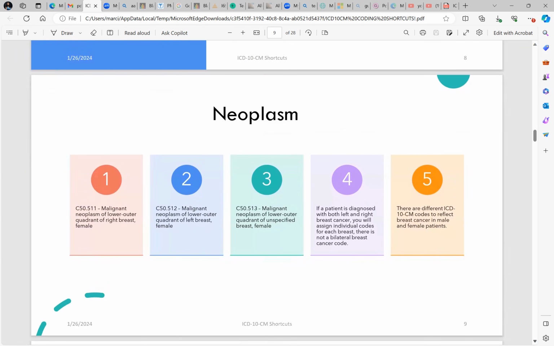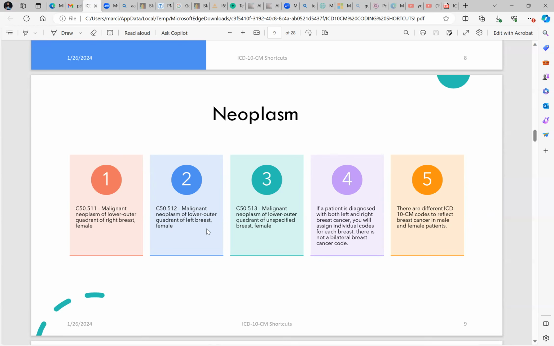So let's next talk about the commonalities of the neoplasm codes. So if you see here, same thing applies. 1, 2, and 3. So the difference here is 9, like we had a 9 when we talked about the ear or the eye, and there was the unspecified code, of course. Let's talk about this and let's break this down. The 1 on the end, this is the right breast.